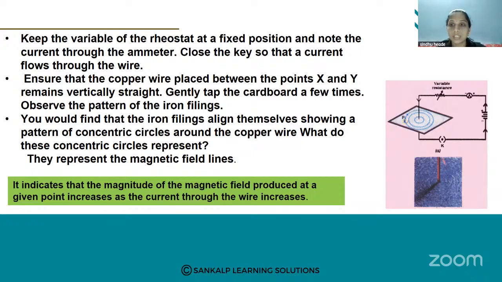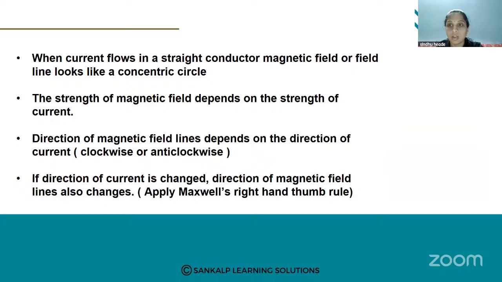They form concentric circles. First, we observed that when current flows through a straight conductor, a magnetic field is generated and the field lines look like concentric circles.